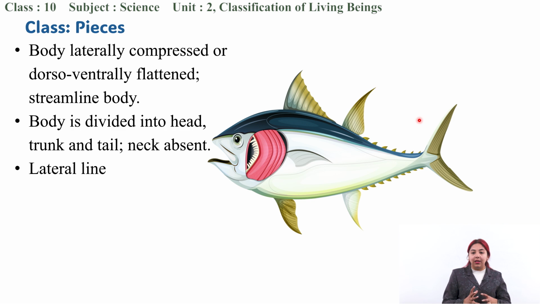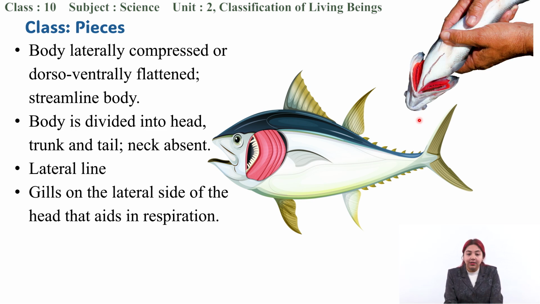Now, the lateral line is a sensory organ in fishes that allows them to detect any changes in the water pressure. So, the lateral line is present in the Pisces, a sensory organ that allows them to detect the changes in water pressure or the water movement or water current.